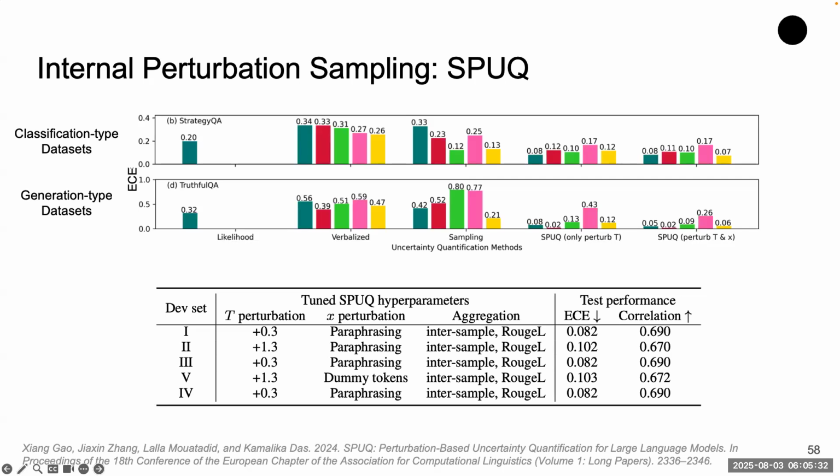They try to perturb the temperature, and they also investigate different perturbation strategies or aggregation strategies. And then you can find out that these do not really make much difference.